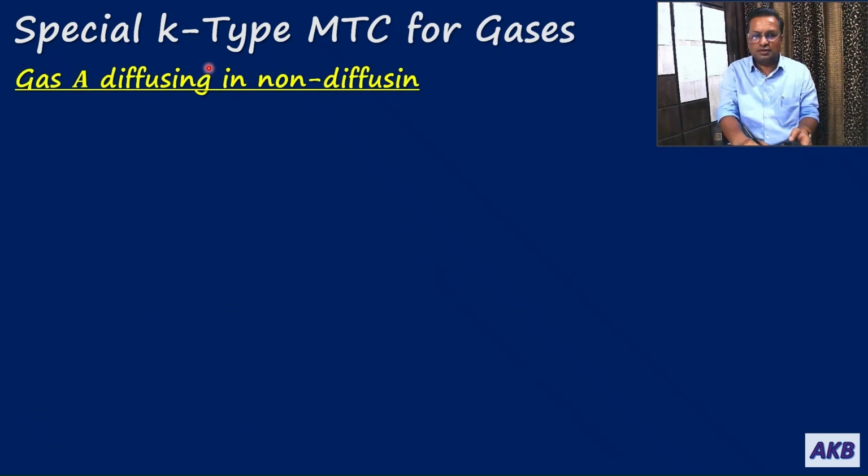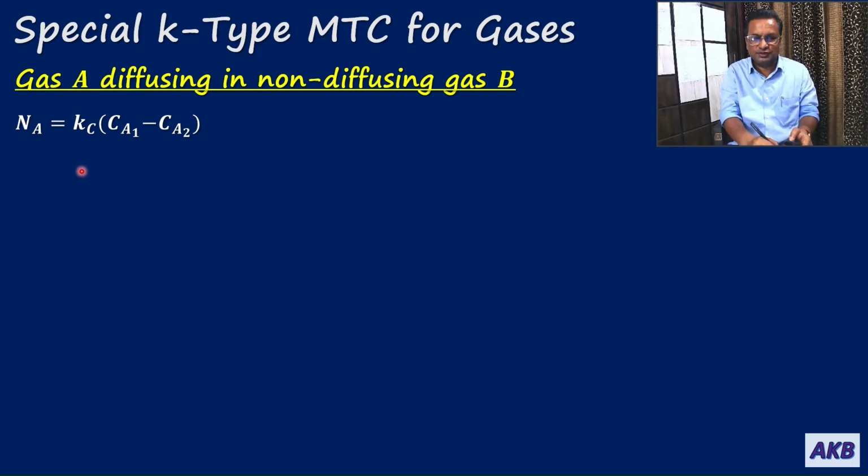Now let us see how the special K-type mass transfer coefficients for gases are defined. For the case of gas A diffusing in non-diffusing gas B, we have Na is equal to Kc into Ca1 minus Ca2. So the mass transfer coefficient is Kc, and the driving force is molar concentration difference. Then Na is equal to Ky into Ya1 minus Ya2.